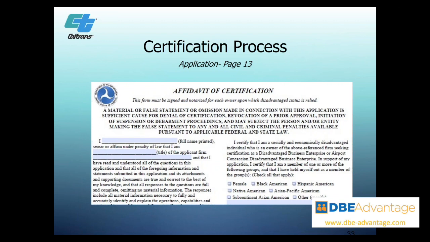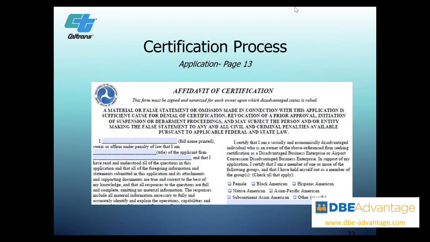Again, this is very important because it is subject to potential civil and maybe even criminal penalties. If you read the statement in the capital letters, it refers to false statements being subject to any and all civil and criminal penalties available pursuant to the applicable federal and state law. So it's important that if you're not sure about something, you ask somebody. You can ask us.